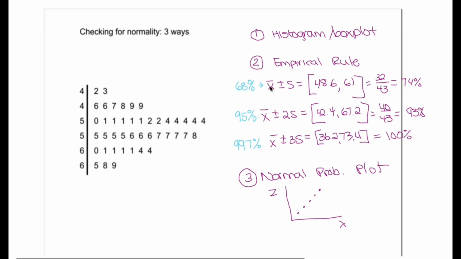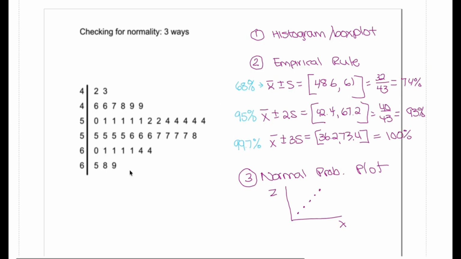Just like I said before, 68, 95, and 99.7% correspond with 1 standard deviation, 2 standard deviations, and 3 standard deviations accordingly. If we use this data right here for our example, take a moment, pause this video and type all of this data into a calculator. Okay, I hope you finished typing.